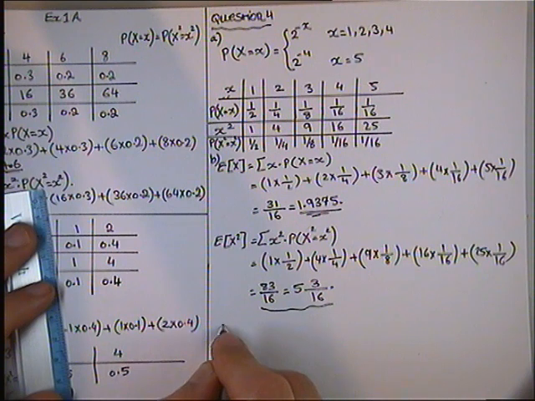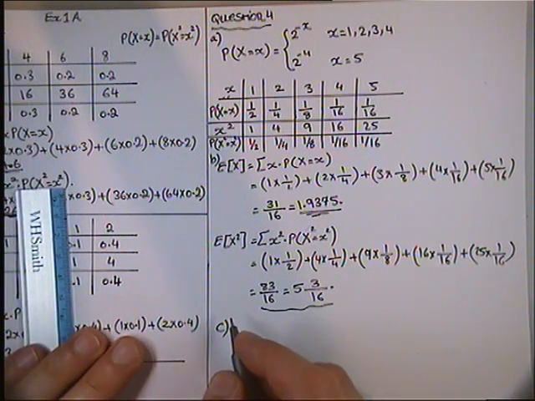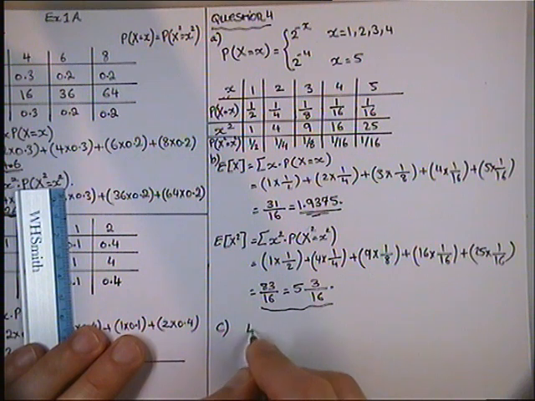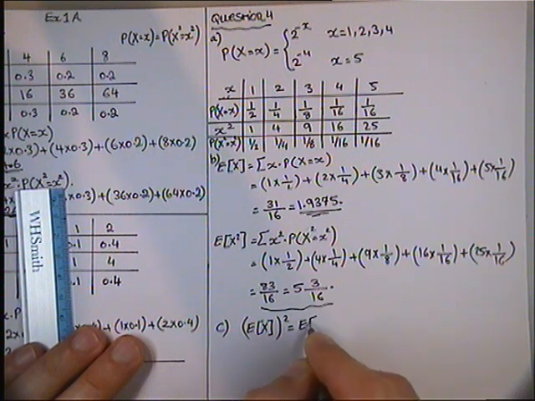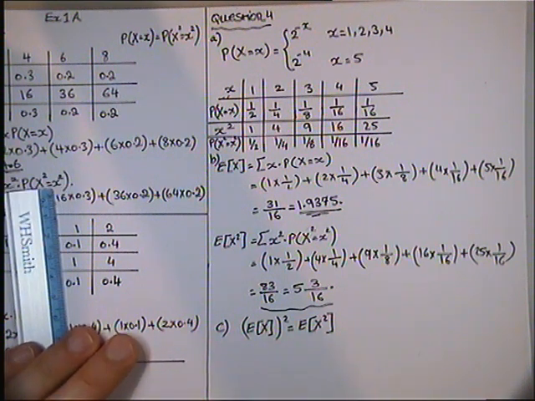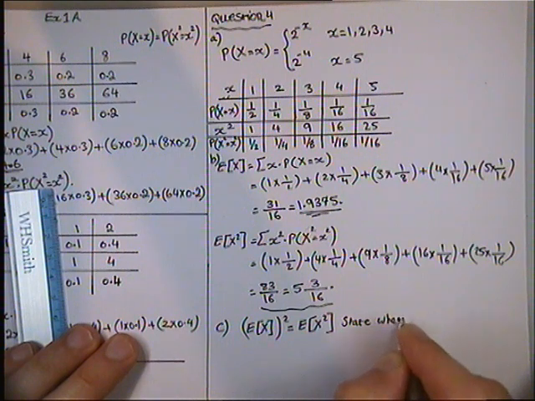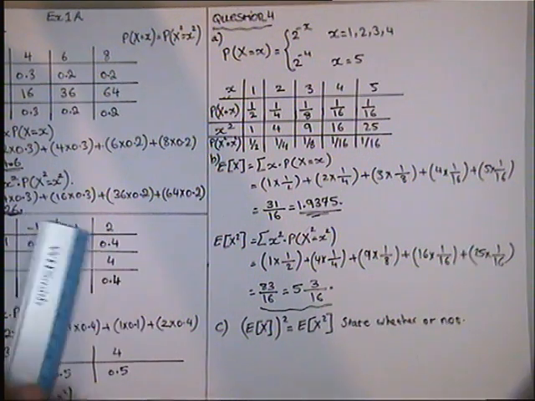Okay, part C. State whether or not E of x all squared is equal to E of x squared. Okay. State whether or not. Okay.